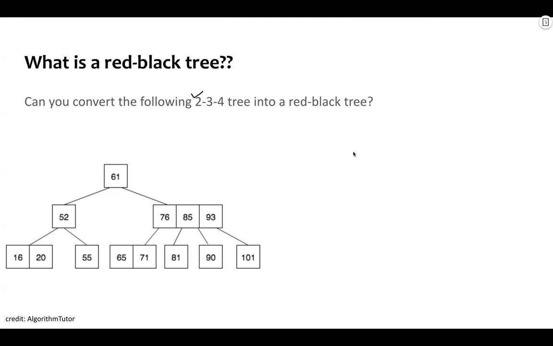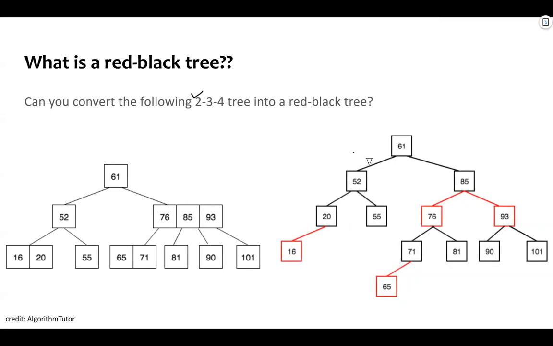All right, thank you for sharing your answers. Let's check the answer together. This is the structure. So the 2 nodes become black nodes. This one, this one, this one, this one, this one, this one, this one. And then this should always be a red node.